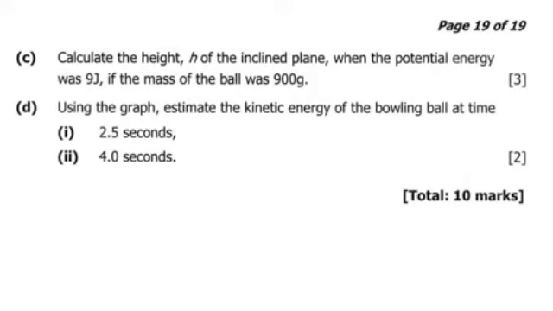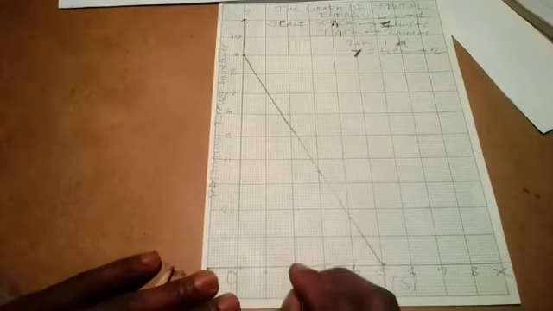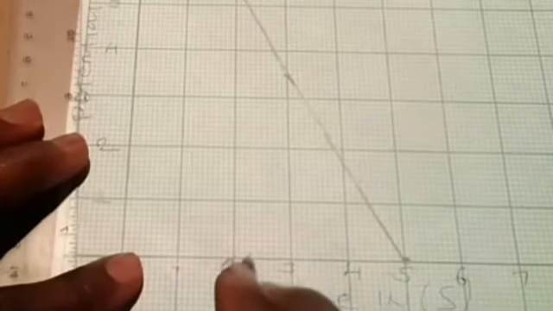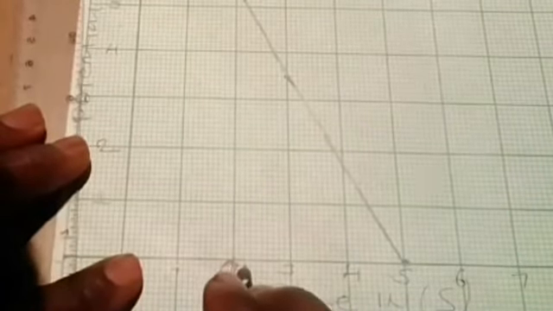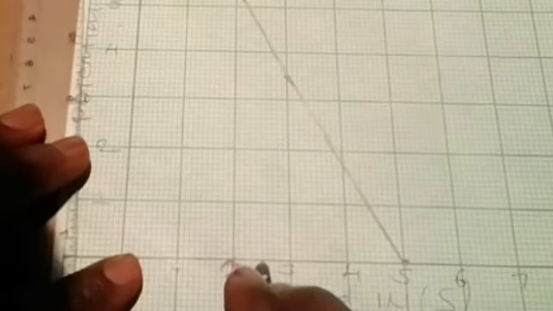So Roman numeral 1, the time in seconds is 2.5 seconds. So we are going to 2.5, exactly where it's 2.5. Here, this is where my 2 is. So 2.1, 2.2, 2.3, 2.4, 2.5.